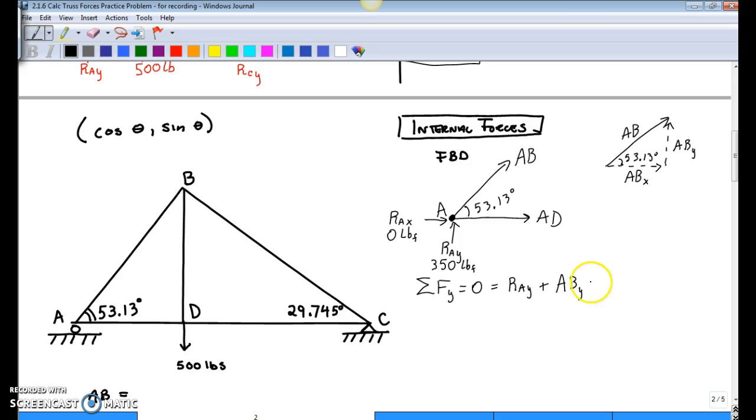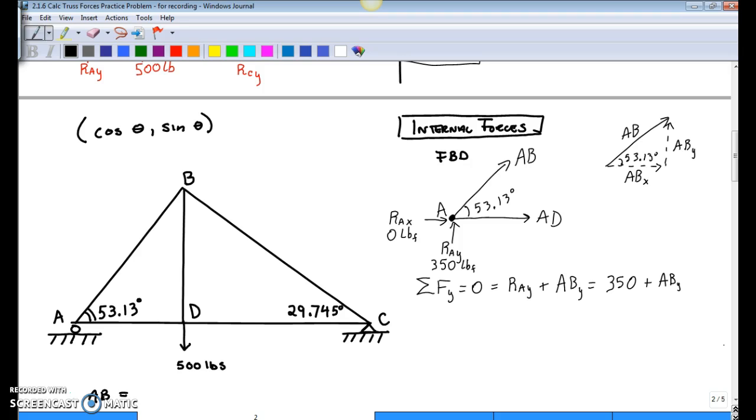We can substitute in and say that 0 is equal to 350 plus AB in the y direction.